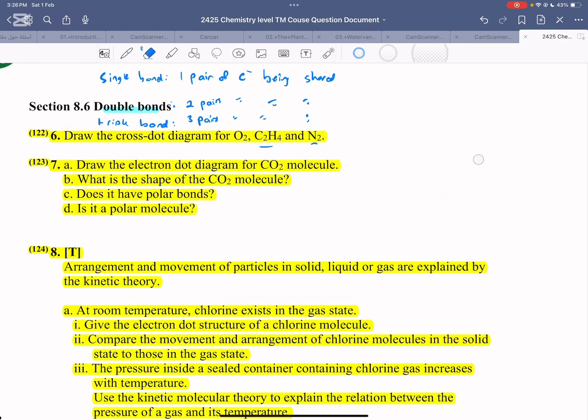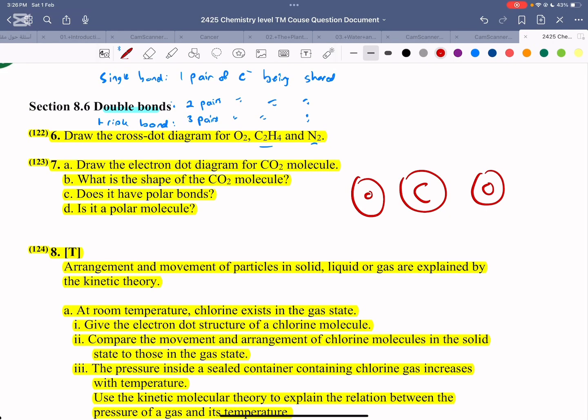Let's look at number 7. Draw the electron dot diagram for CO2. They're asking us for the shape of CO2. Does it have polar bonds, and is it a polar molecule? So again, it's all going to be the same process how we're going to solve such type of questions. Oxygen is group 6, so I'm going to put 6 electrons. 1, 2, 3, 4, 5, 6.